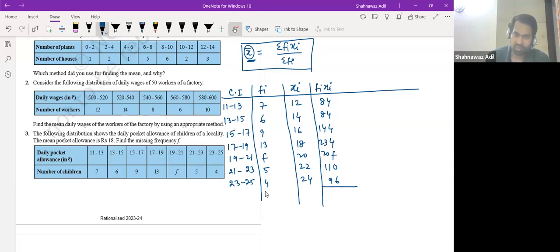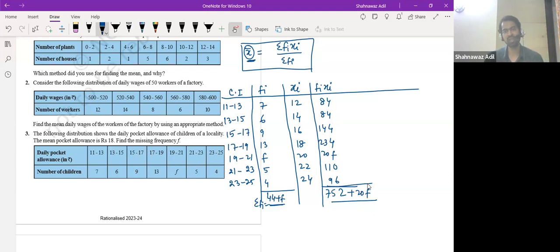So summation of Fi would be 44 plus F. And then 6, 4, 10, this is 22, this is 35 and then 3, 752 plus 20F.